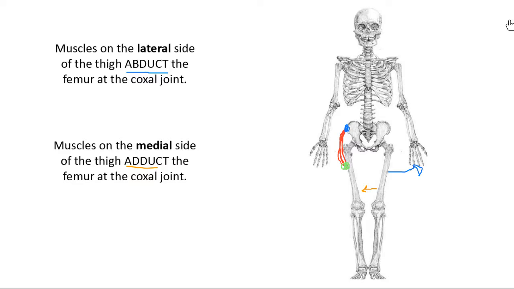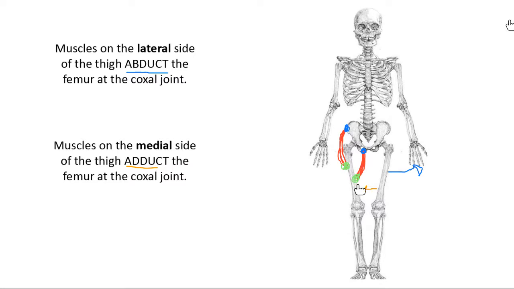Another muscle that we needed to predict our actions on was the adductor group. Here's that adductor group right there. The adductor group, here's my origin because it's proximal. Here's my insertion because it's distal. When I move this origin toward this insertion, that pulls my entire femur back toward the middle.